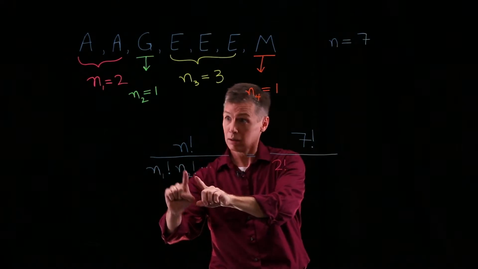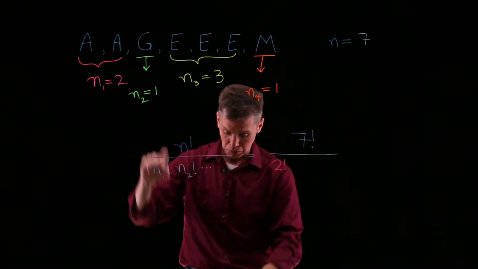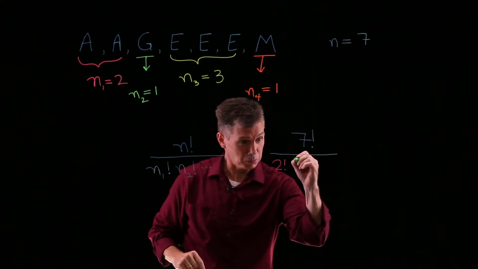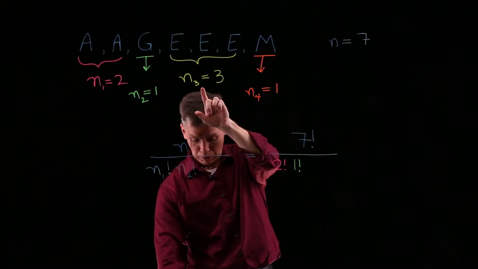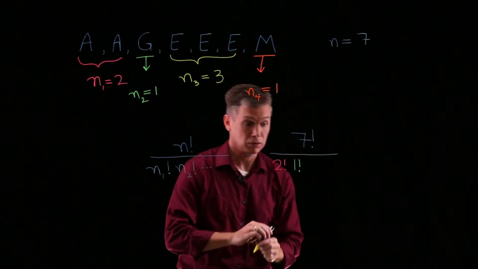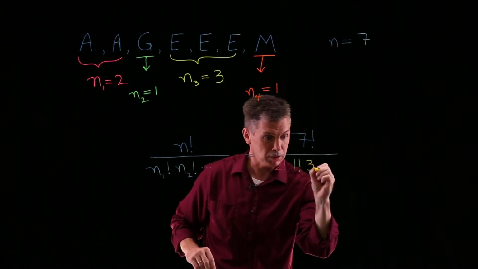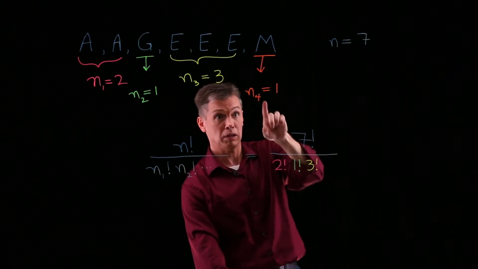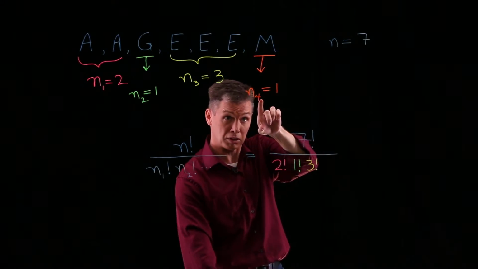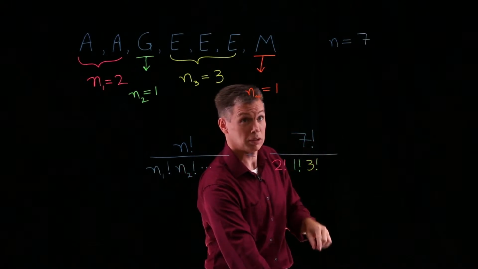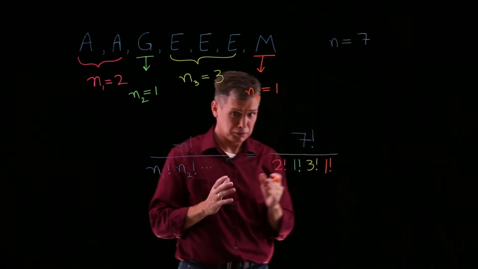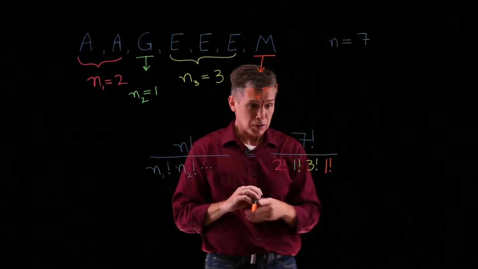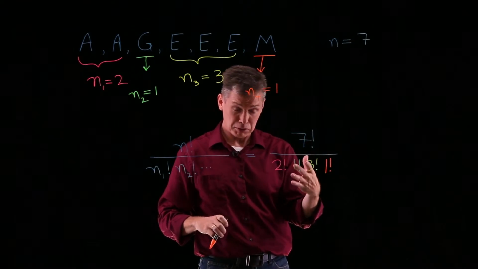Then my next n was n sub 2, green, I guess, 1 factorial. My next n, my yellow guy here, is 3 factorial. And then my last n, n sub 4, is 1. That's just a 1 factorial. If nothing else, very colorful, right? And that's your formula. Now we just have to simplify it.